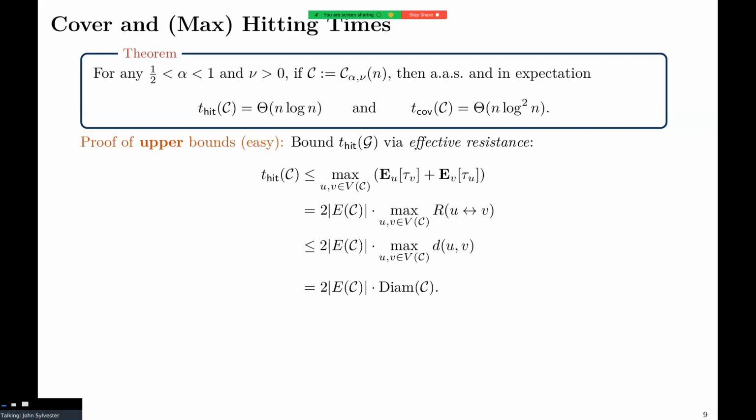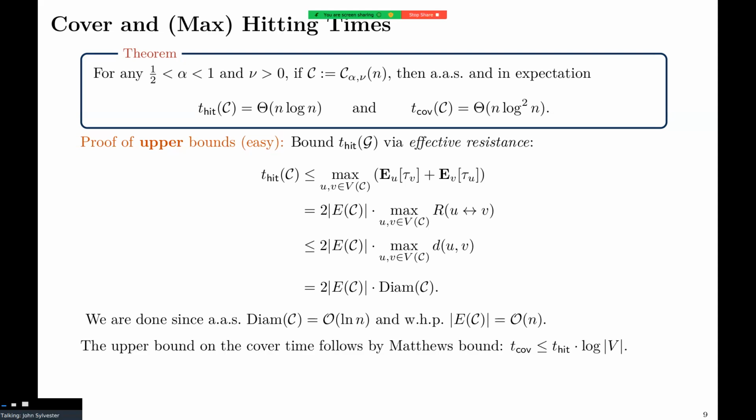But the maximum distance between two points is the diameter. So by known results on the diameter and the edges, we have our bound. For the cover time upper bound, you then just apply Matthews' bound, which is well known in the theory of Markov chains. It basically says cover time is at most a log n times hitting time.